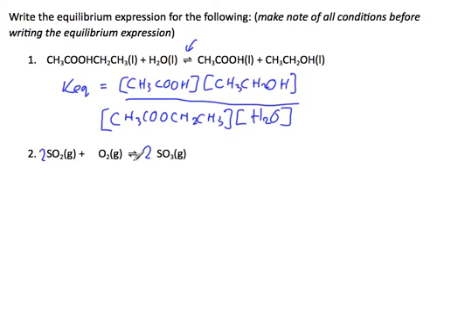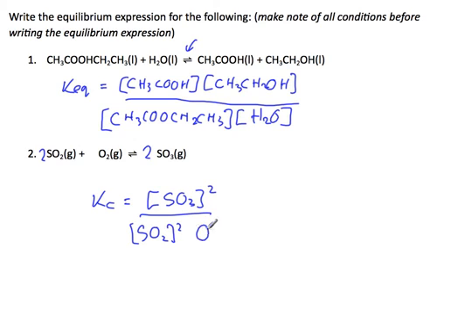So we have 2 times sulfur, 2 times sulfur, and 6 times oxygen, 6 times oxygen. So now it's balanced. Just to remind you that you have to have a balanced equation. Now we can write our equilibrium expression: SO3 squared divided by SO2 squared times O2. There's the equilibrium expression for that reaction.